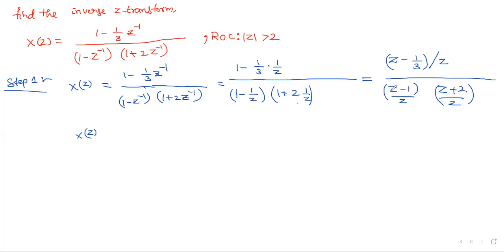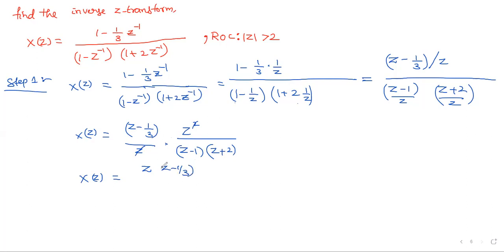Now, x of Z will become Z minus 1 by 3 divided by Z into, this will get reversed. That means Z square divided by Z minus 1 into Z plus 2. Right. Now, one Z will get cancelled. So x of Z is equal to Z into Z minus 1 by 3 divided by Z minus 1 into Z plus 2.